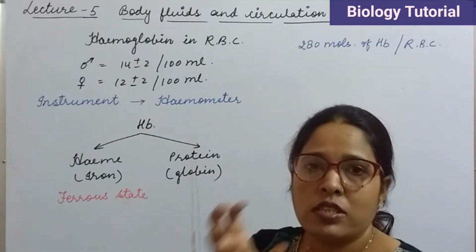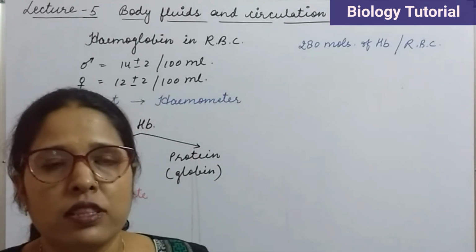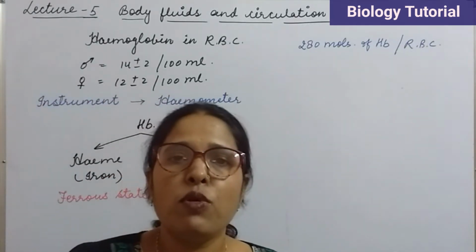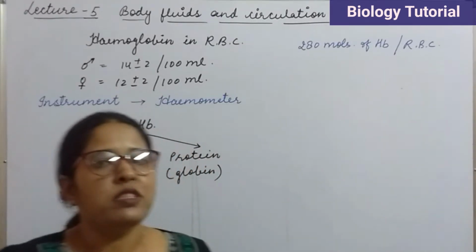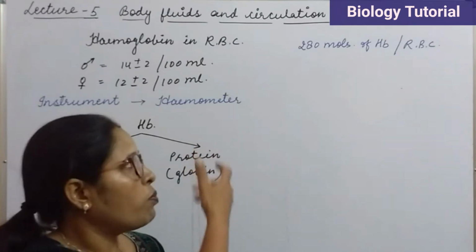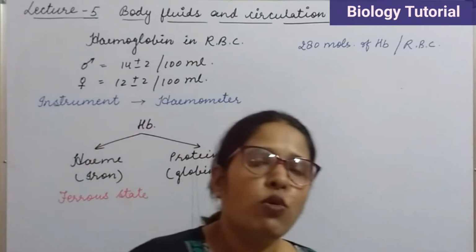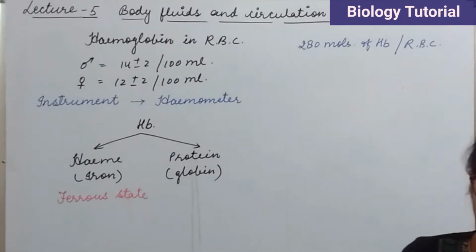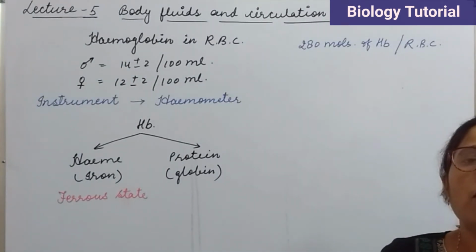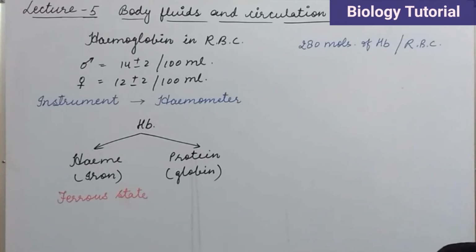Clear? So this large number of hemoglobin molecules is present in the RBCs. That's why the whole RBC has to be vacant to occupy this much hemoglobin. Clear? So this is the number of hemoglobin in RBC. Now each hemoglobin molecule can bind 4 oxygen molecules with it.